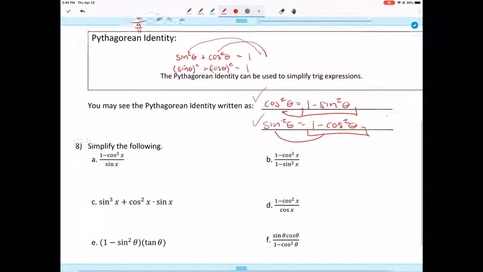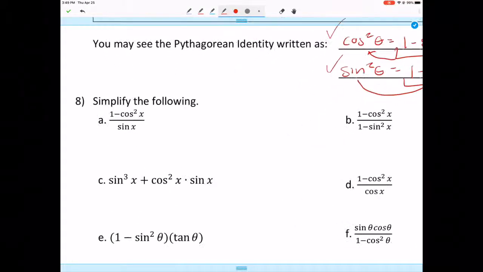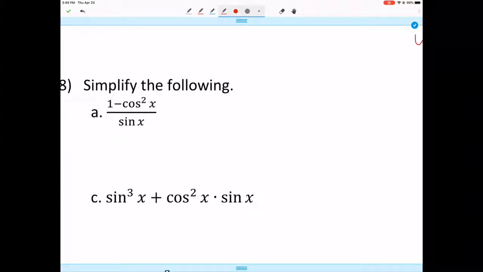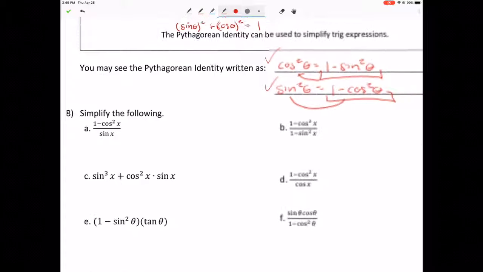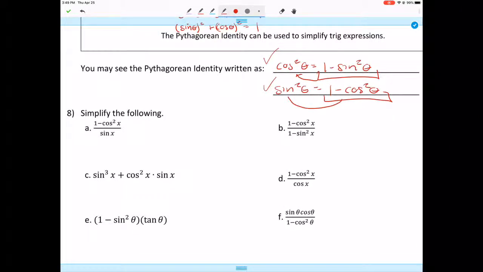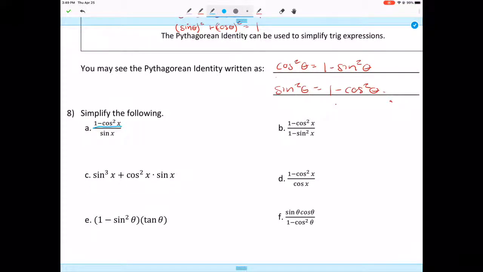For example, simplify the following: 1 minus cosine squared of x over sine of x. Using our identity, I'm going to erase this a little bit so it's not so messy. Here we have 1 minus cosine squared of x.